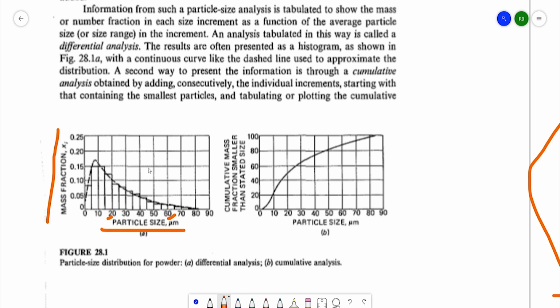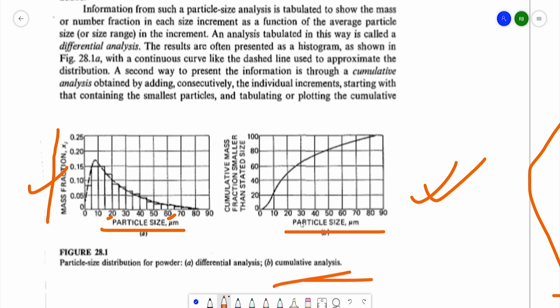You can represent the same data in a different form, called cumulative analysis. Here on the x-axis it is the same particle size, but on the y-axis it is the cumulative mass fraction smaller than the stated size.